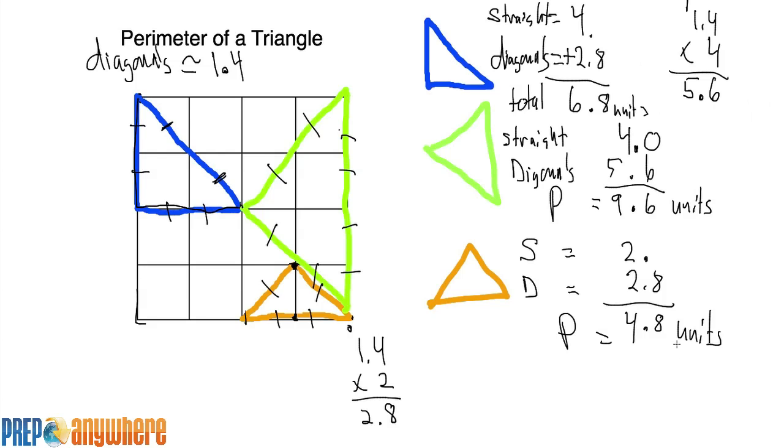Now one thing I want to mention is that sometimes you'll get triangles that look, let's say, like this one. Let's make this bigger so we can see it. I could have this triangle here. Now notice, these diagonals cut across the middle.